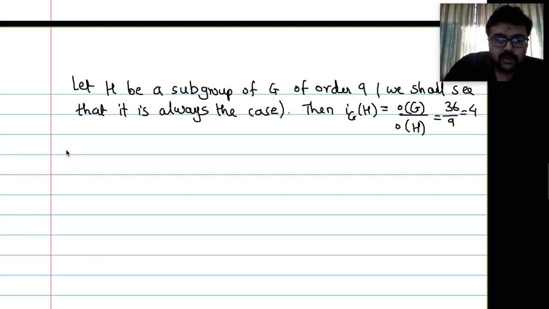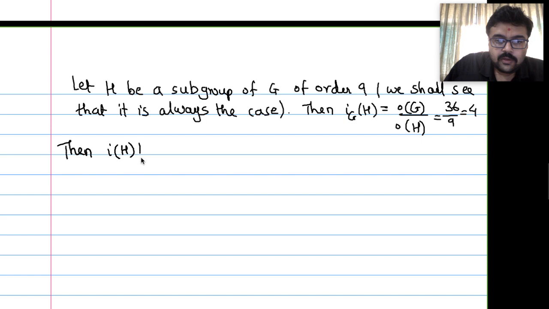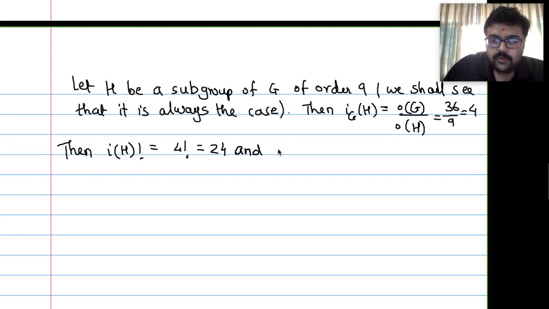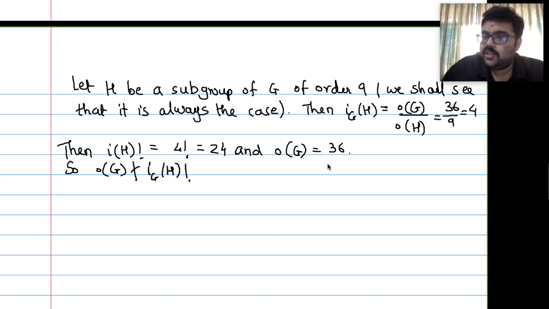Then what is the index of H factorial? This is 4 factorial, which is 24, and the order of G is given to be 36. So the order of G does not divide the index of H factorial, right? 36 does not divide 24.